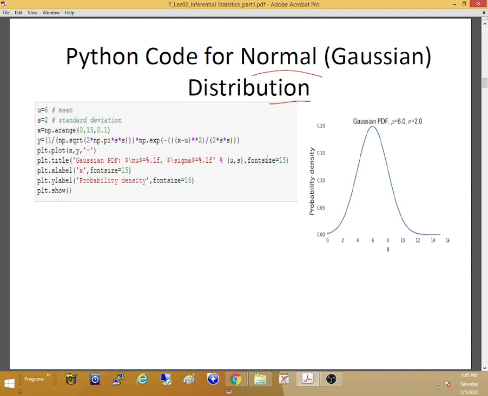Some interesting properties of normal distribution we have to know, and that's why normal distribution is so popular. For any mean, maybe the mean is 6, 2, or 5, whatever mean you define, 68% of values will be within one standard deviation around the center.